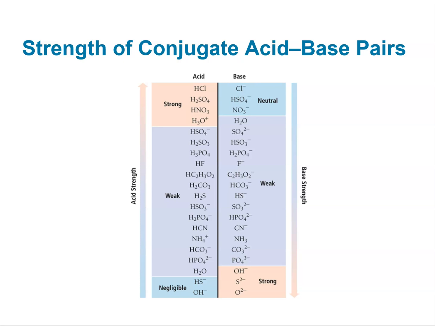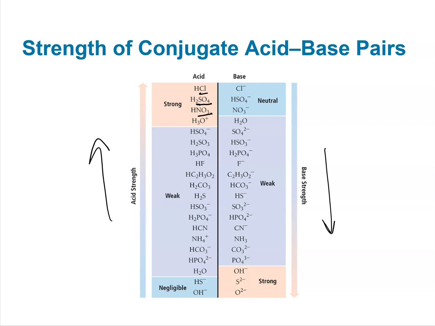And you see this trend here where you have your strong acids with acid strength increasing on the left side, and basic strength increasing going downward on the right side. When you're looking at your strong acids, your hydrochloric acid, your sulfuric, your nitric acid, etc., the conjugate bases for these are the chloride, the HSO4 minus, the NO3 minus.